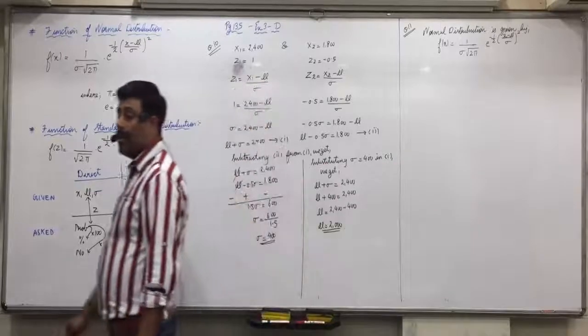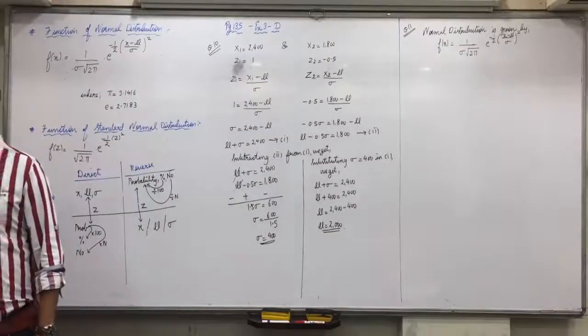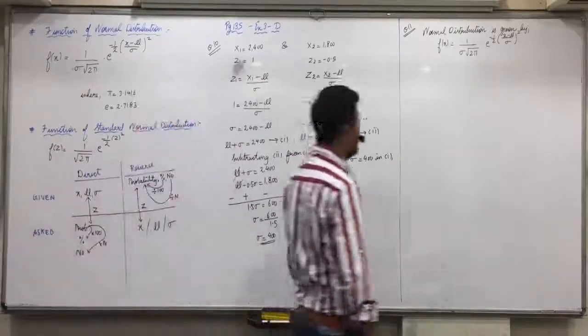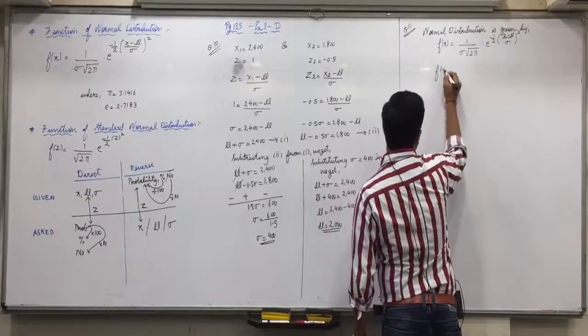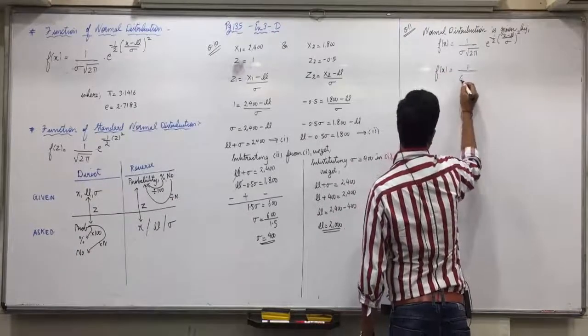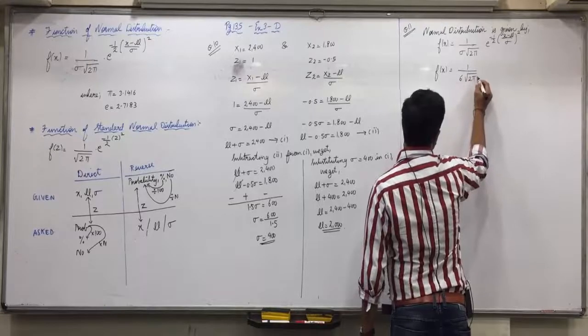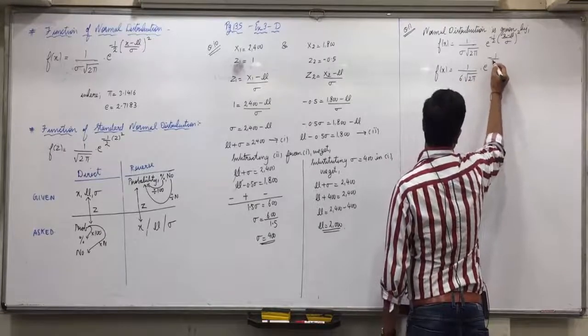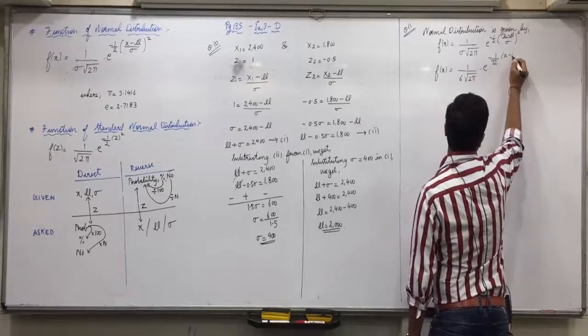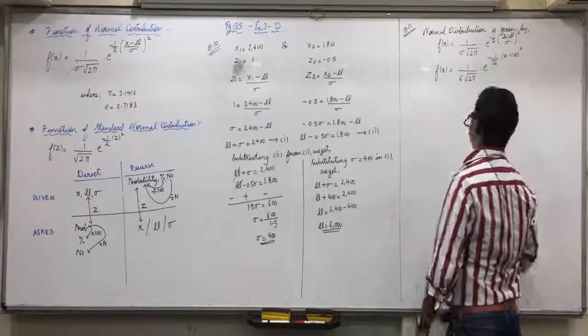Okay. Now you'll write the function that is given in the question. What is given in the question is 1 upon 6 root 2 pi into e raised to minus 1 by 72 (x minus 100) square.